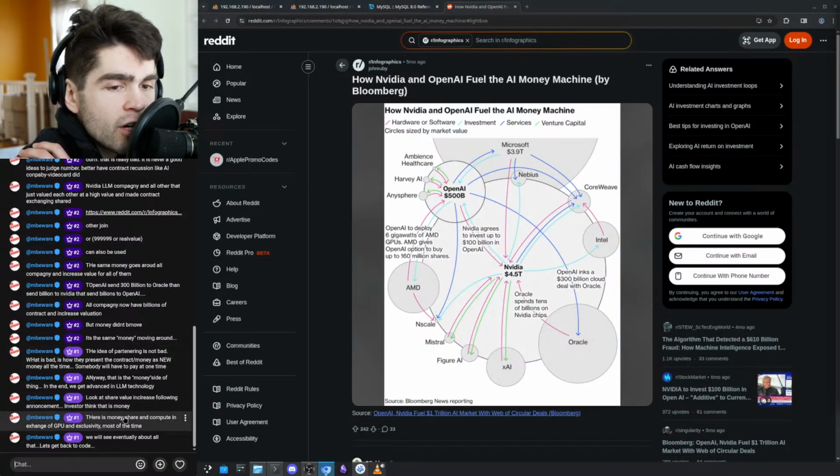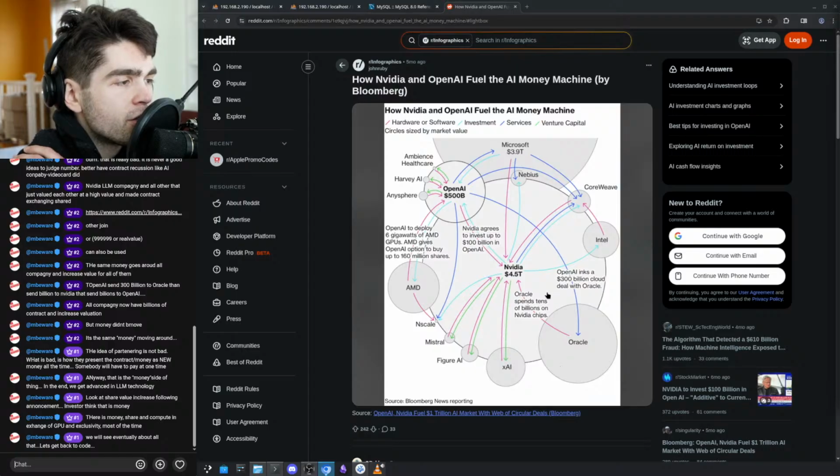There is money, share, and compute in exchange for GPU exclusivity most of the time. There is some amount of money, right? Of course, at the end of the day, there's always going to be some amount of money. I think there's a lot of media right now ascribing ill intent over things that are just business and have always been business.